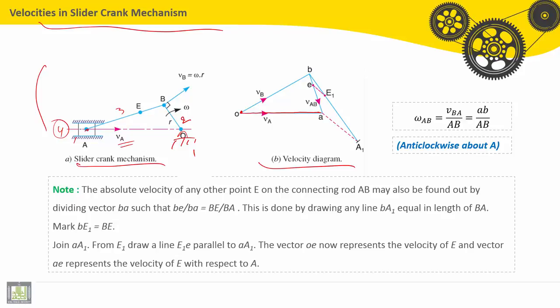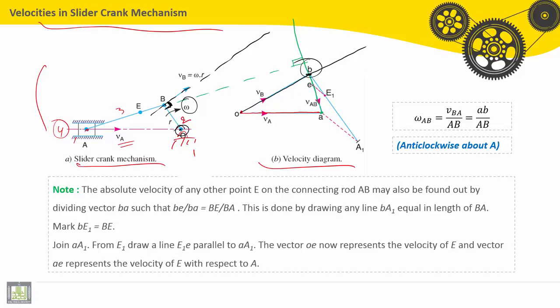After that, we draw from point A a line which is perpendicular to AB. Now we draw a line passing through O and parallel to VB. VB is perpendicular to OB in the space diagram, because OB makes a rotation about O. The intersection here is the point B.